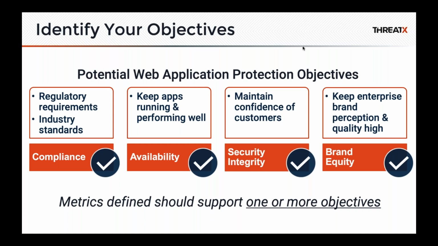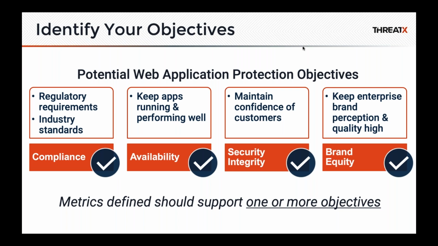The first step in identifying web protection metrics is to look at the big picture. What are we trying to achieve as a security organization? With that, it's time to understand your goals and objectives as they relate to application security. Those goals could be related to compliance, such as regulatory requirements or various industry standards.